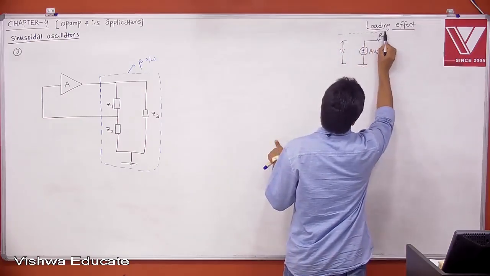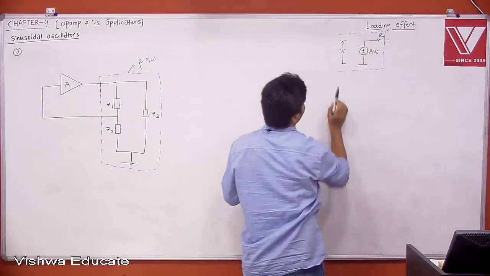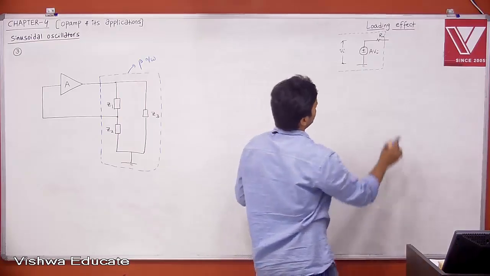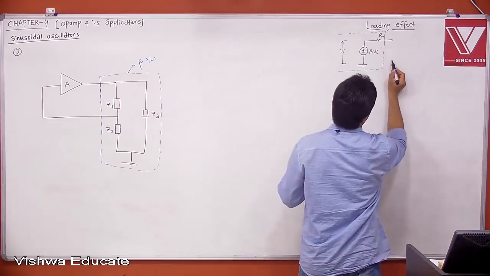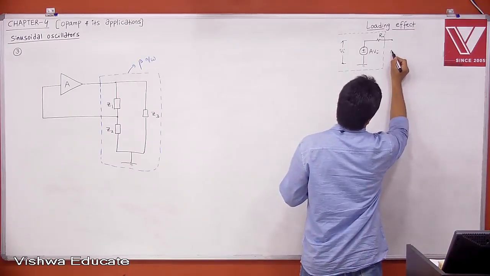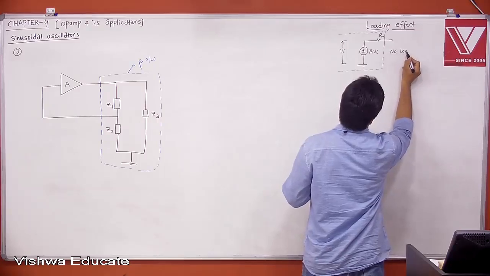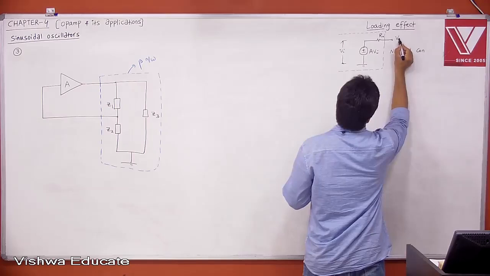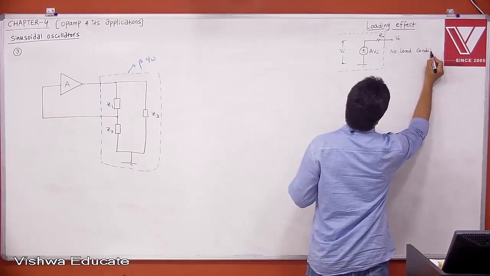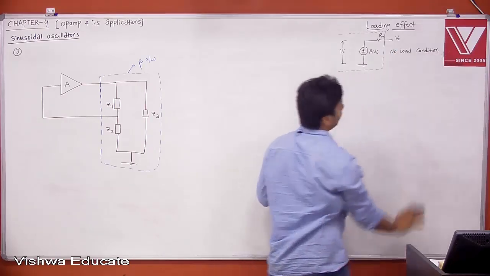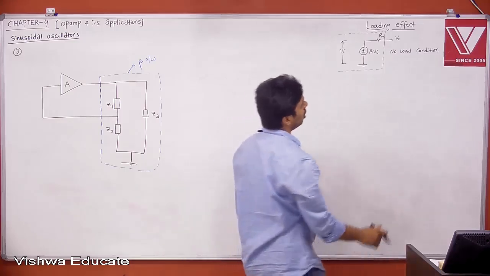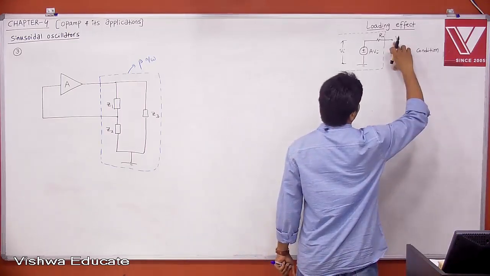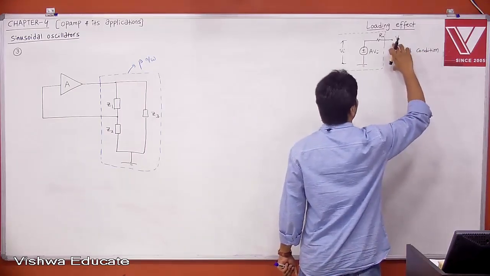Now tell me, under no load condition, let us say this is my V0. Tell me what V0 is, because if there is no load, our load is very high.